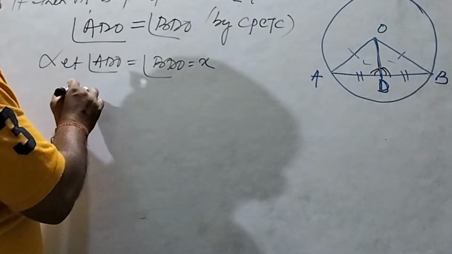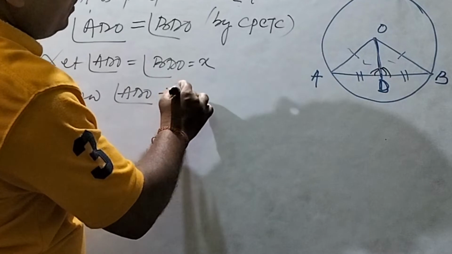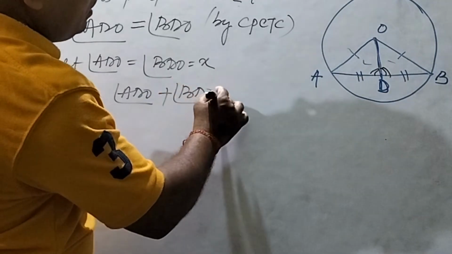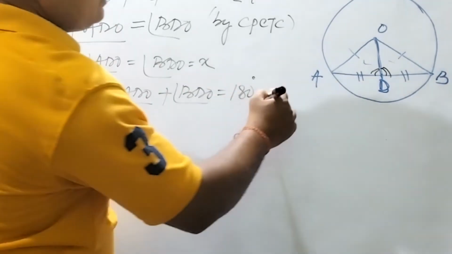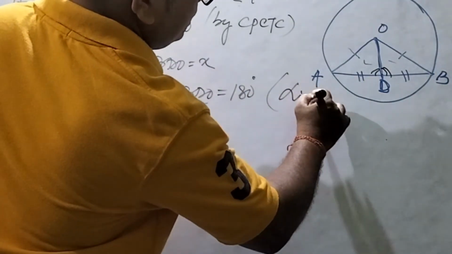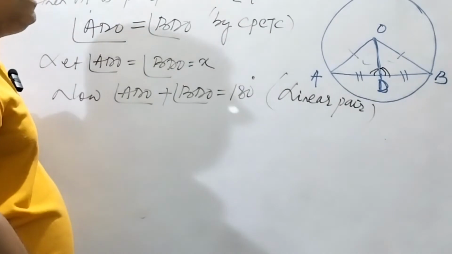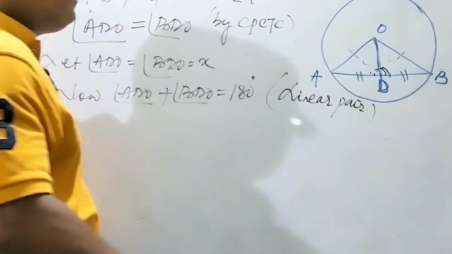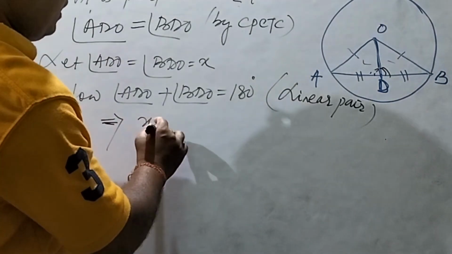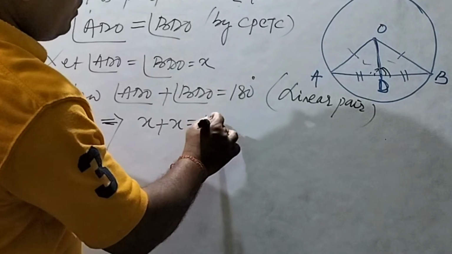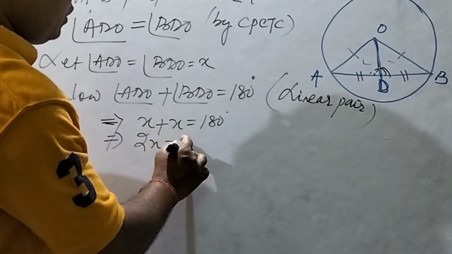Now angle ADO plus angle BDO equals how much? 180 degrees. The reason is linear pair. This angle plus this angle is 180 degrees. This is a linear pair. That implies x plus x equals 180 degrees, 2x equals 180 degrees.